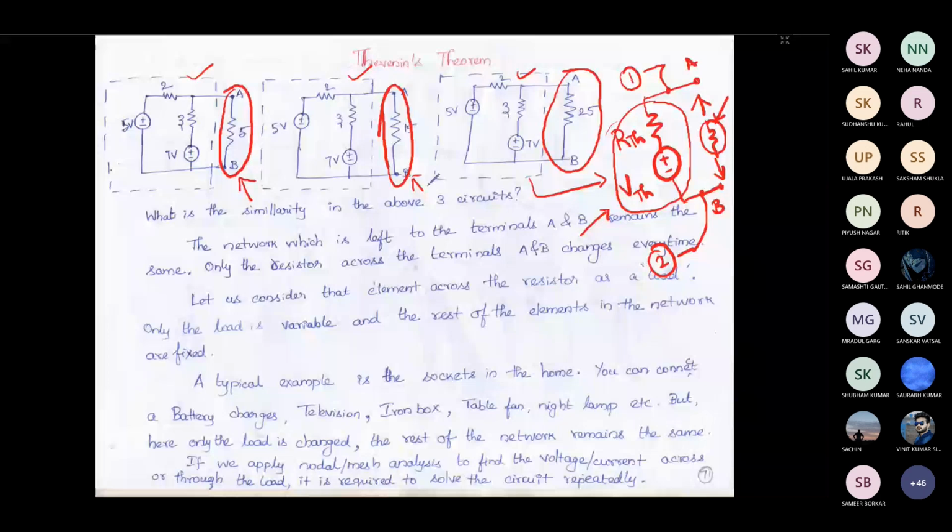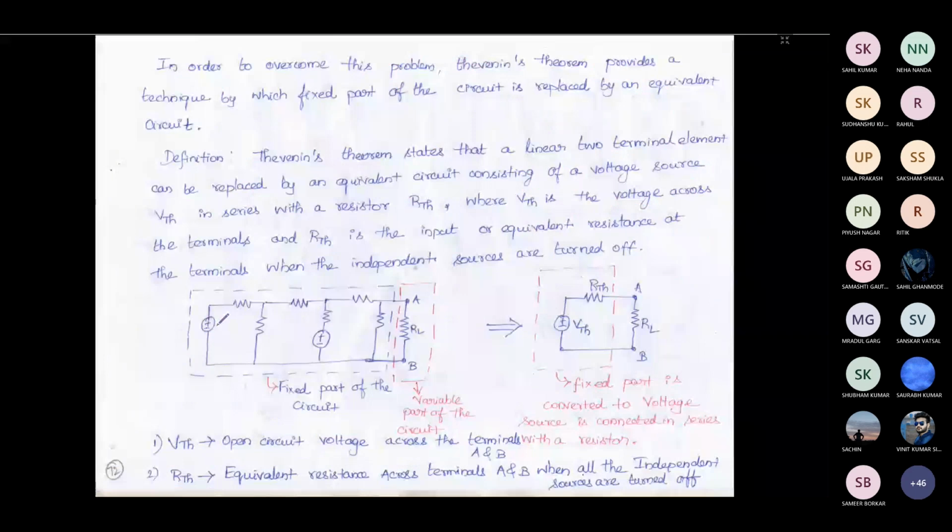So consider this circuit. This is a bigger circuit, and whichever part is represented in the dotted line of the blue color is going to be replaced by a voltage source with a resistor in series like this. This voltage source is considered as the voltage across the load when it is open circuited.